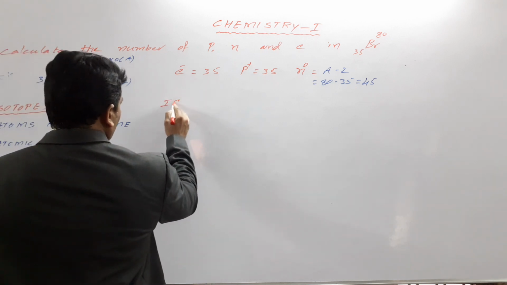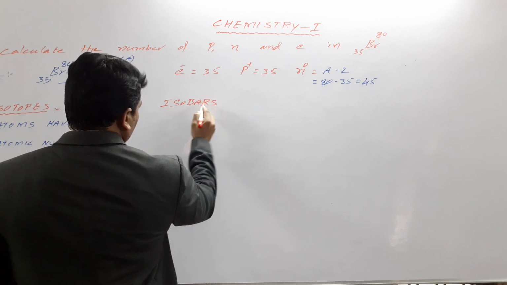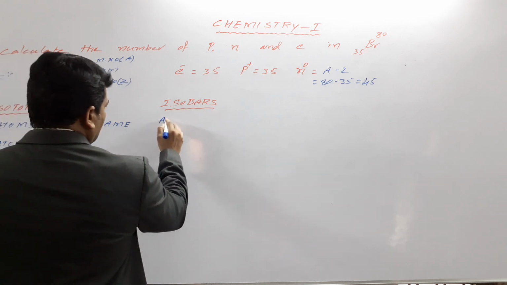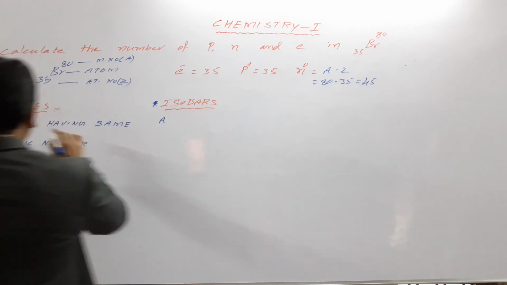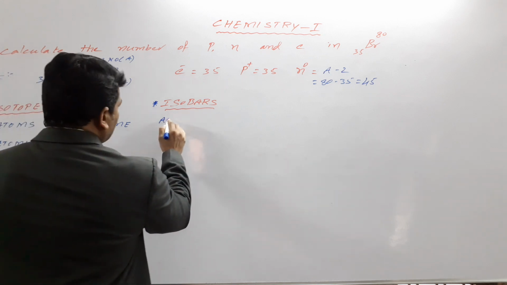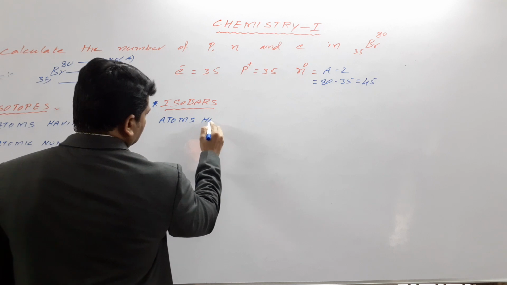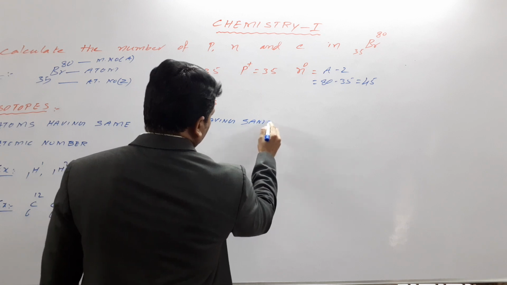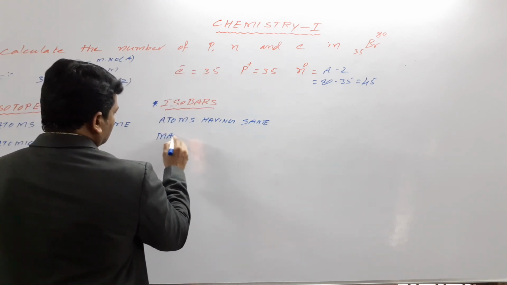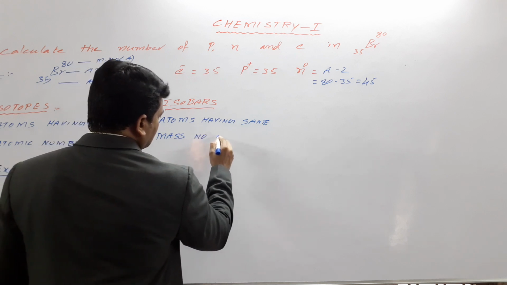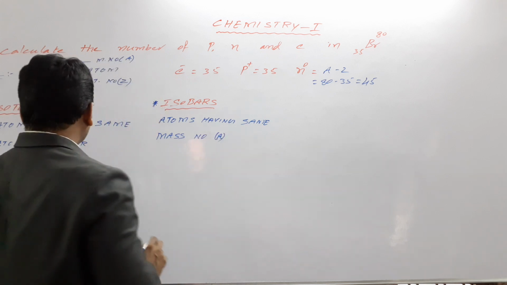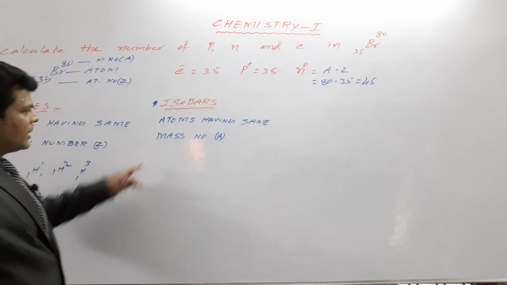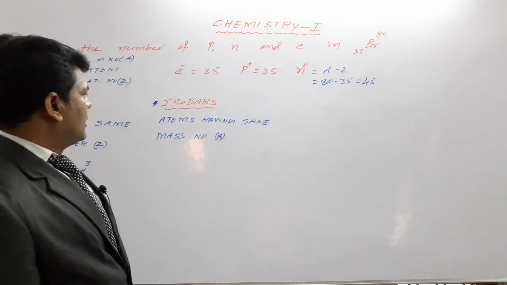Next you have to know isobars. Atoms having the same mass number, A. Atoms having the same atomic number, this is nothing but Z, and here atoms having the same mass number A are called isobars.